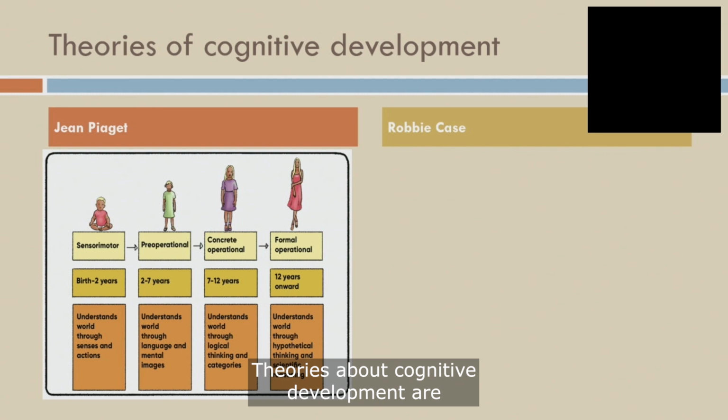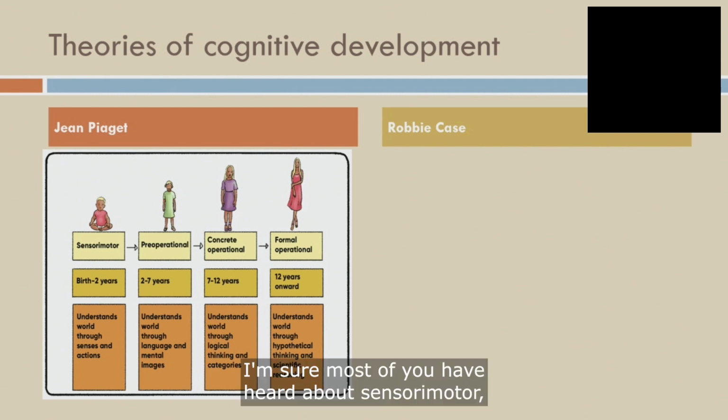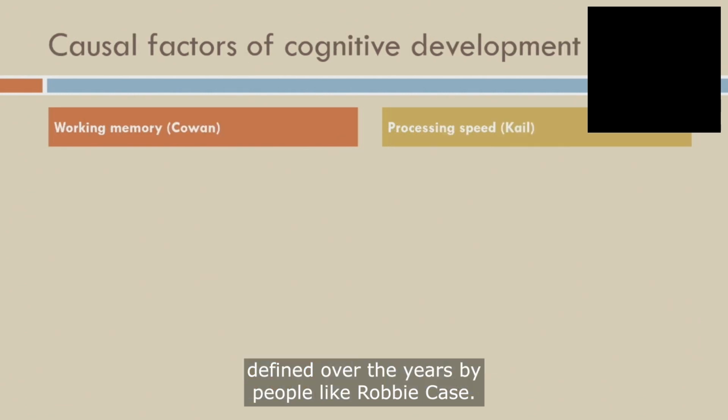Theories about cognitive development dominated through the years. Piaget's theory is one of them. I'm sure most of you have heard about sensory motor, pre-operational, concrete, and formal operational intelligence, which has been more precisely defined over the years by people like Robbie Case.